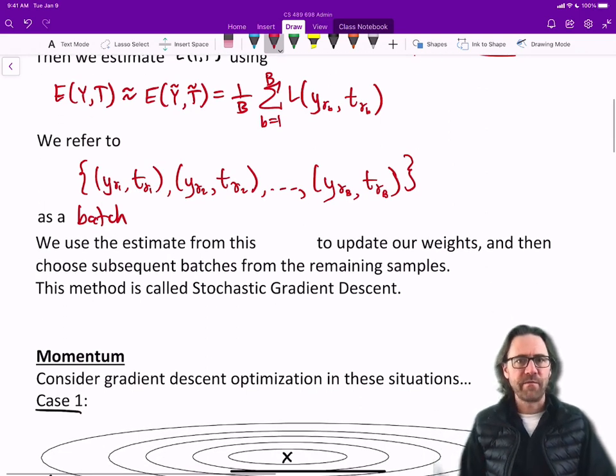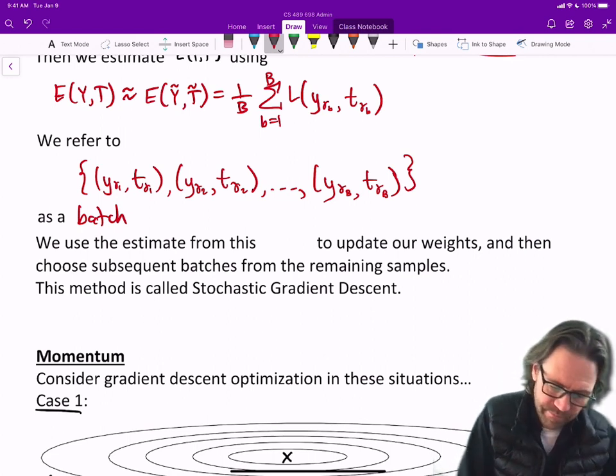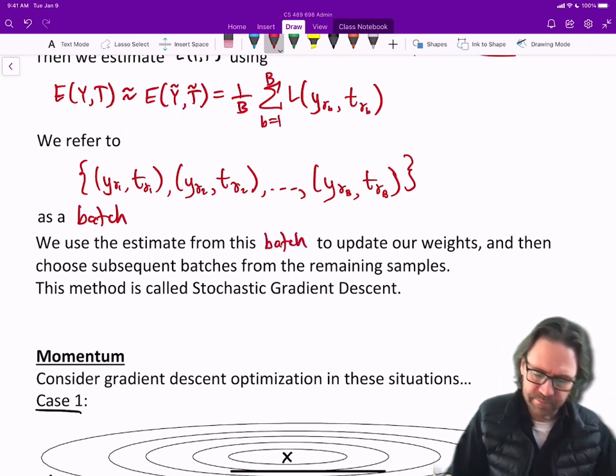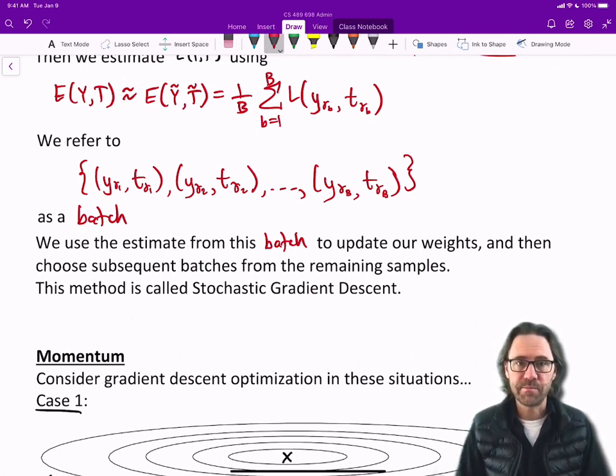So we use the estimate from this batch to update our weights and then choose subsequent batches from the remaining samples. This method is called stochastic gradient descent.